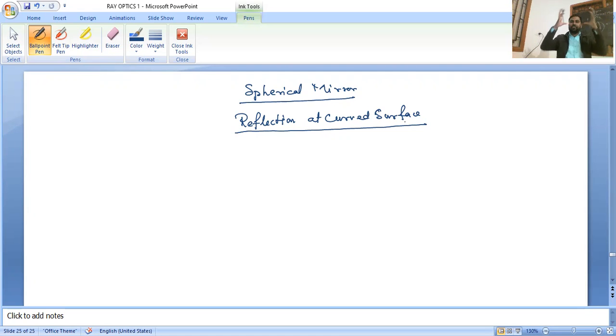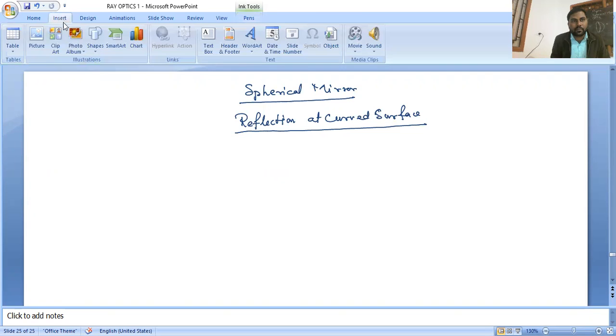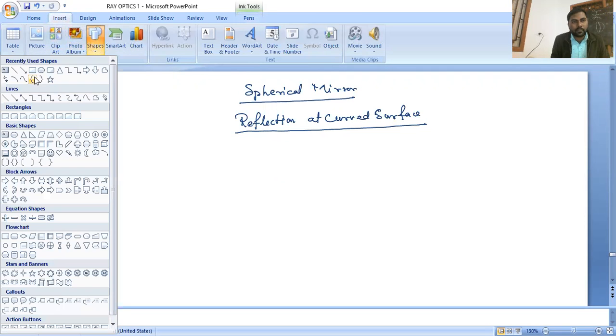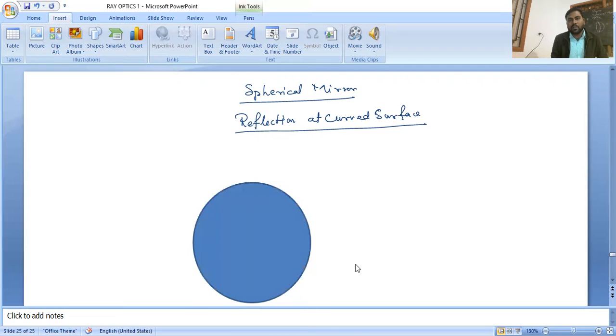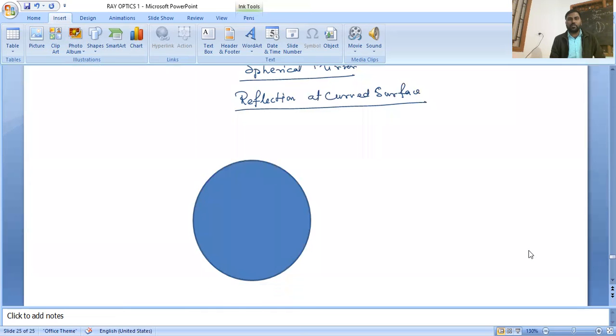Suppose we have a hollow sphere. Let's see in the diagram. Suppose this is a hollow sphere.